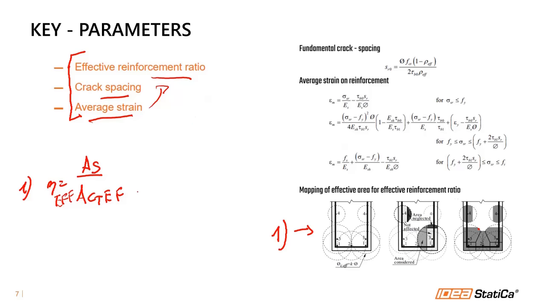If we have this first step, we can move forward to the second step, that is the fundamental calculation of the crack spacing. So what do you need to do? You need to have the diameter, FCTM, and effective reinforcement ratio, and in the denominator there is just the tau b0.